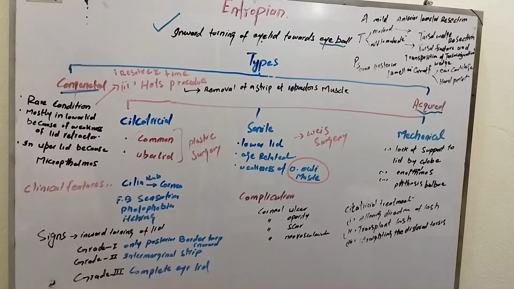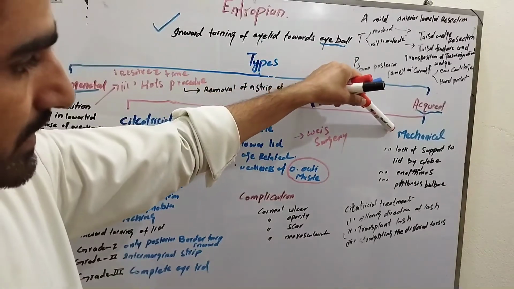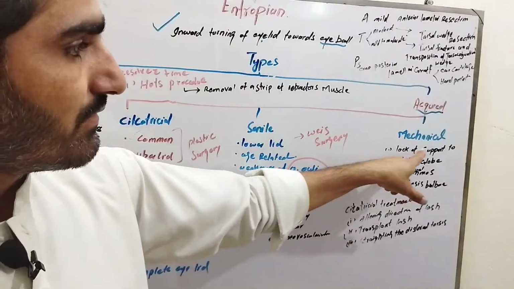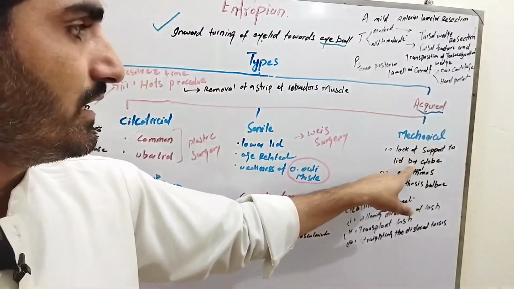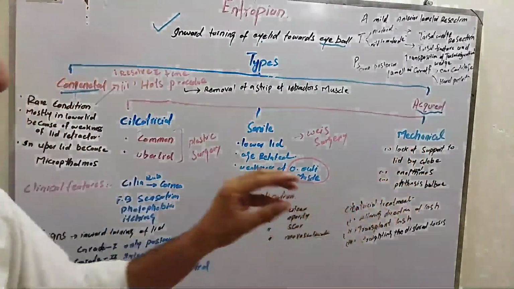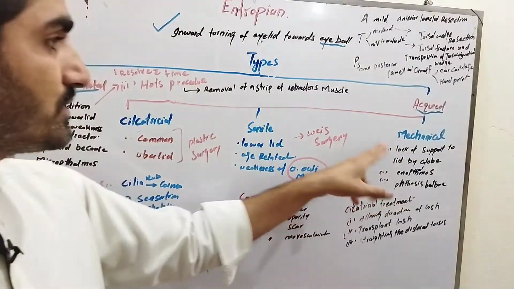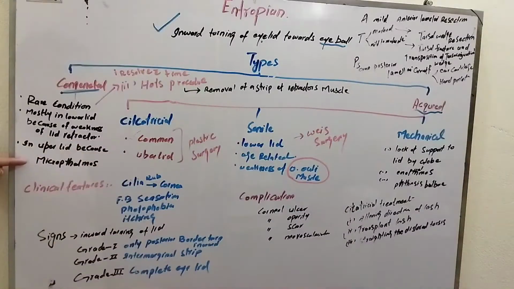Now, what is mechanical entropion? Here there is lack of support of the lid by the globe. This develops in case of anophthalmos. Now it is totally opposite to congenital. In case of congenital, in the upper lid there was macrophthalmos, which means the eyeball is different in size from normal.